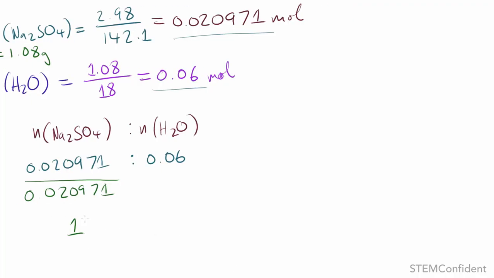But because we've done that on the left-hand side, we also need to do the same on the right-hand side. We need to divide this by the same number, because it's a ratio. So 0.06 divided by 0.020971, and when you do that, what you're going to get is 2.8611.